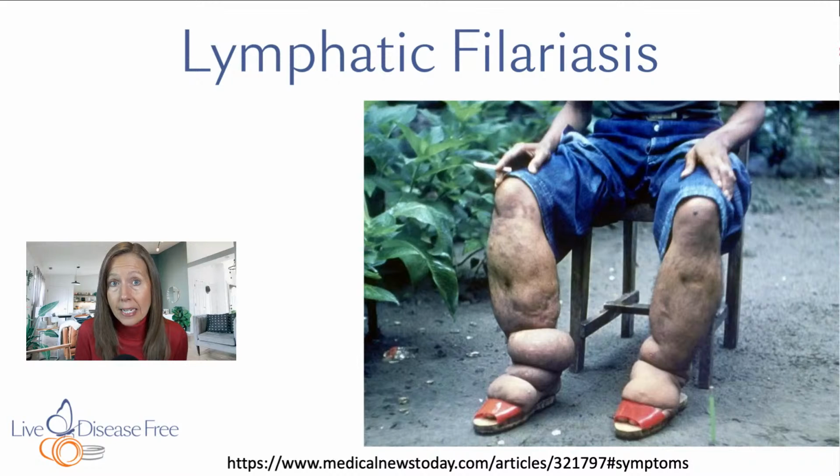So it is, again, a vector-borne infection. It's transmitted by mosquitoes. The mosquito that's infected with the larva will infect the host, whether it's us or domestic animals, and this would be cattle, buffalo, sheep, goats, horses, etc.